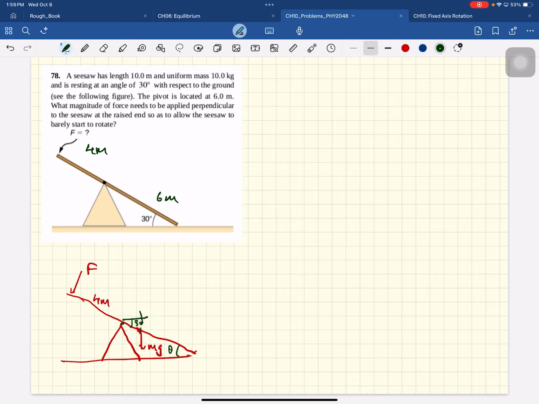You want the net torque to be 0, because it's not accelerating yet, it's just about to move. This force has a counterclockwise torque, which is positive, so F times the moment arm of 4 meters, minus mg times 1 cosine 30, and you want that to be 0. So F equals mg cosine 30 divided by 4.